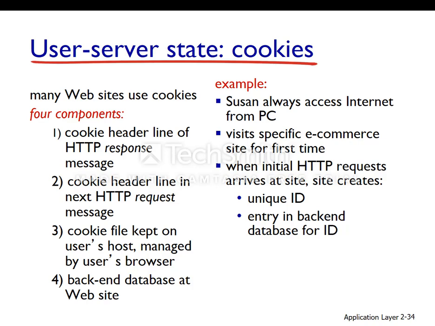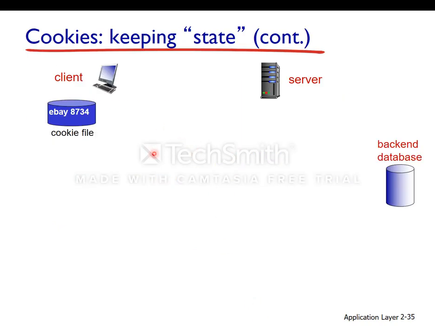So let's say Susan always accesses the internet from a PC. If she visits an e-commerce site for the first time, when the first HTTP request arrives at the site from Susan, the site will create a unique ID and an entry in a backend database for that ID. In this illustration, we have a client, let's say she's talking to an Amazon web server.